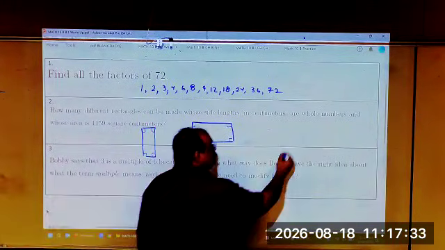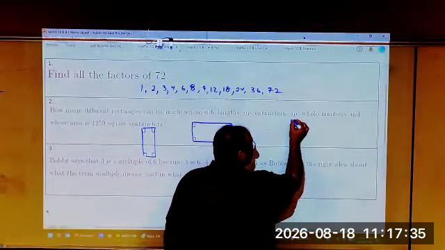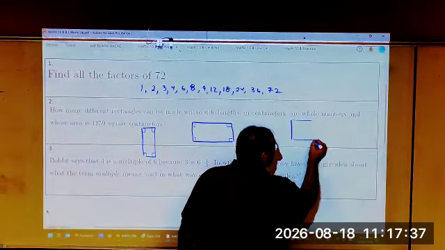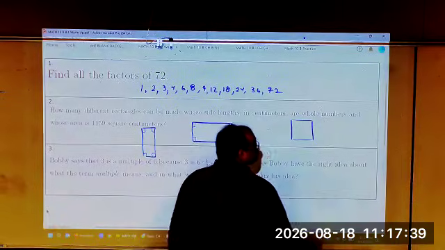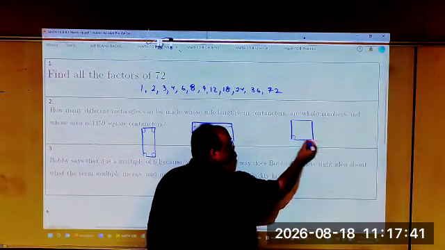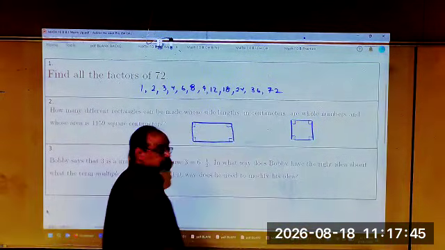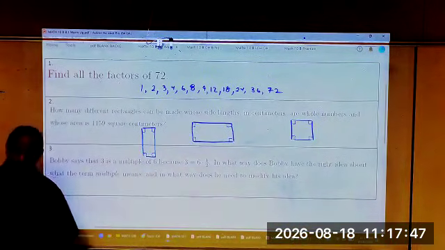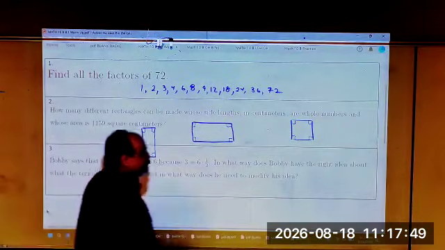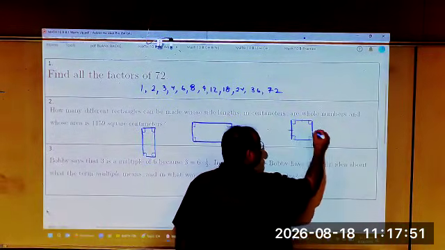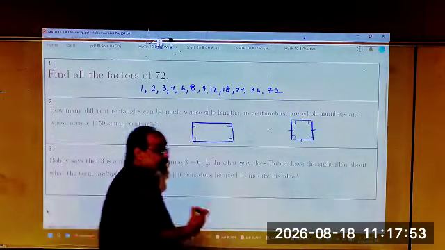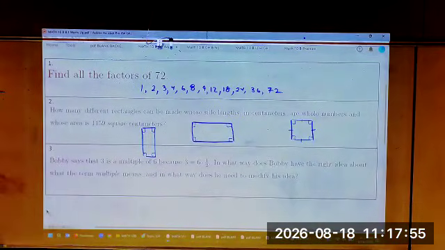But no, this is a rectangle, even though it looks like a square. And even if it was a square, the fact that it has 4 right angles means it's also a rectangle. All squares are rectangles.